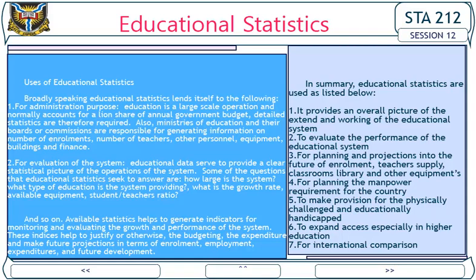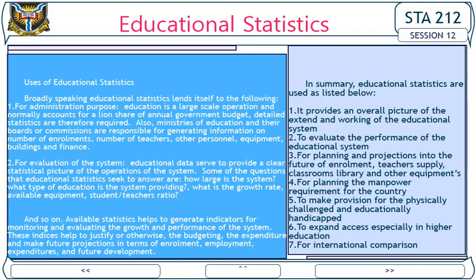2. For evaluation of the system. Educational data serve to provide a clear statistical picture of the operations of the system. Some of the questions that educational statistics seek to answer are: how large is the system? What type of education is the system providing? What is the growth rate, available equipment, student-teacher ratio, and so on?